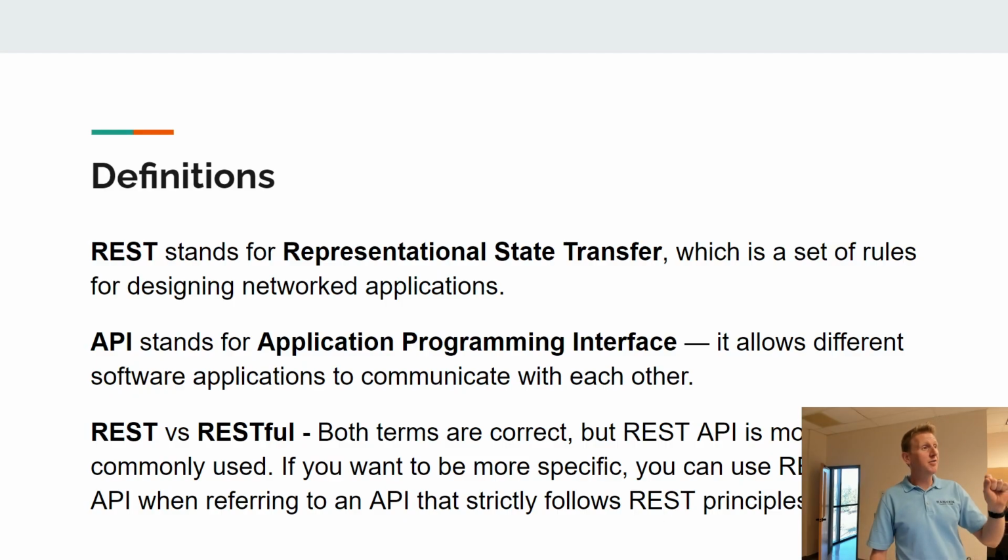But the reason I'm going to hit that networked application is if you have an application on the internet, well, the internet's the biggest network that exists. That's where your API can be RESTful.